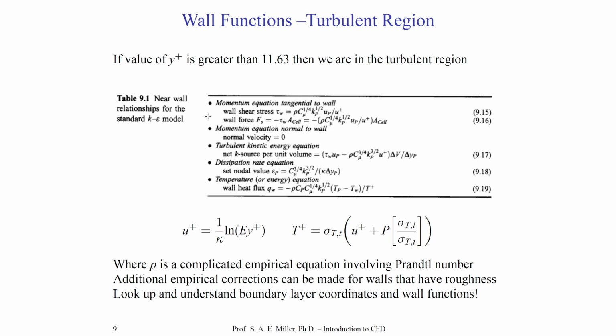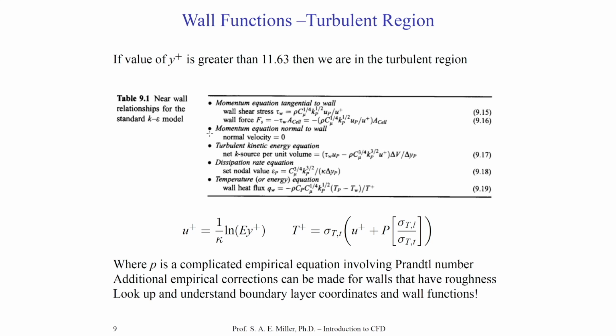In the momentum equation that's tangential to the wall, you have something very similar to the laminar boundary layer, except now we have more empirical coefficients and scaling powers. For example, k to the 1/2 power, that's the square root of k. And here k is the turbulent kinetic energy at some point p from the wall. There's a momentum equation which, of course, is normal to the wall.